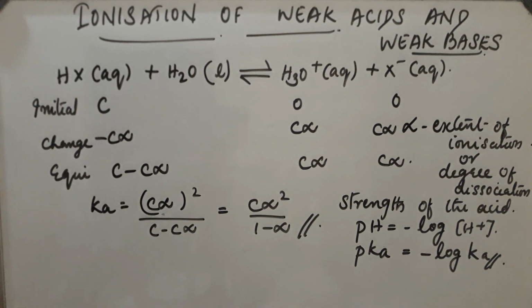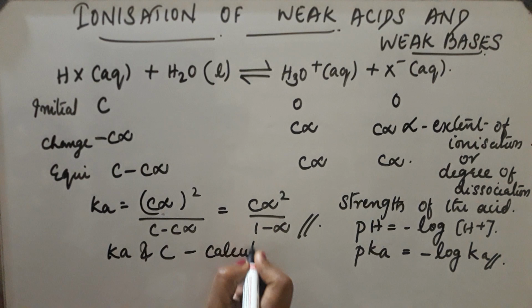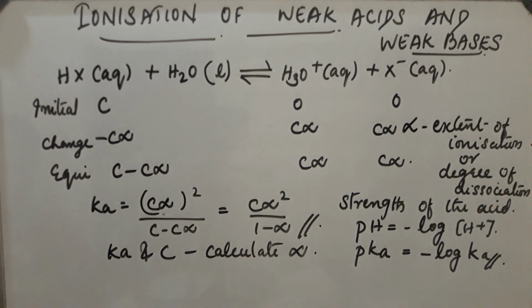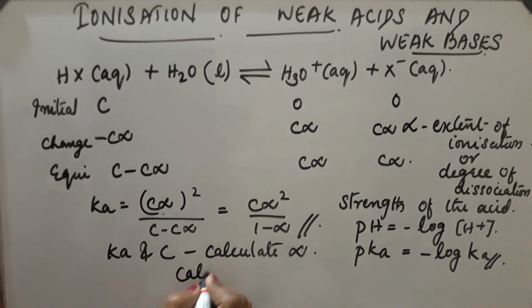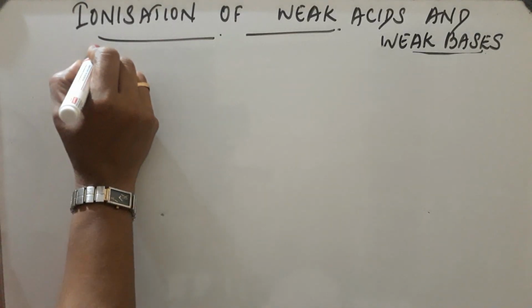So from this, if Ka and C are known, we can easily calculate alpha. Next we are discussing the different steps involved to calculate pH. How can we calculate pH?